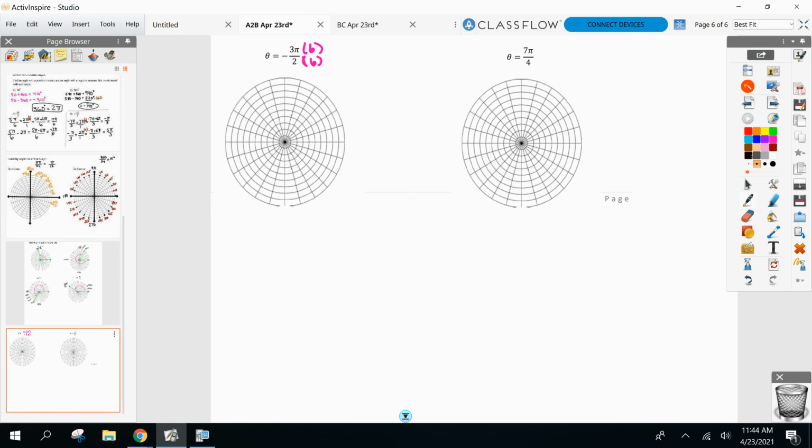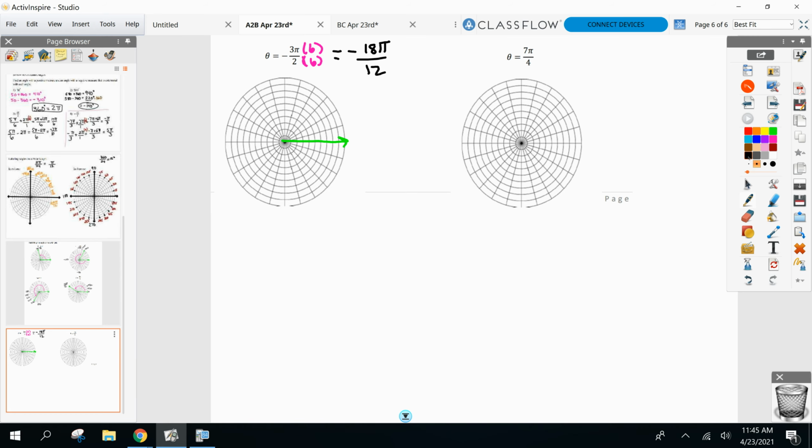So now this is really negative 18 pi over 12. So you got to figure out where negative 18 is on the graph. So still same first side. Now remember, negative means you're going clockwise on your grid. So where's negative 18? Or you can count backwards.